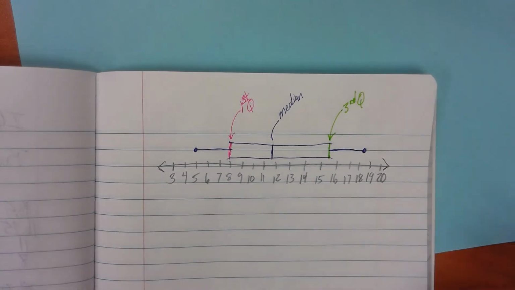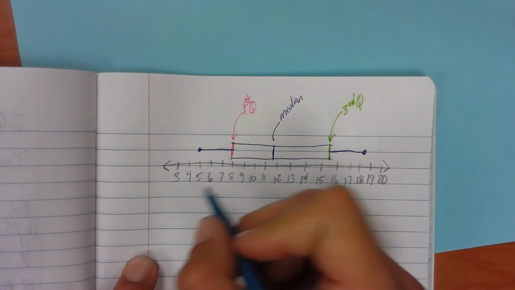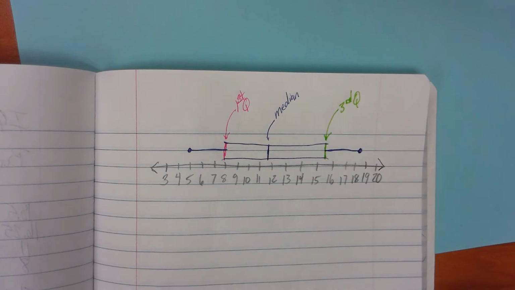If all the data is on the left, then it would be skewed right. And if all of the data was on the right, that would be skewed left.